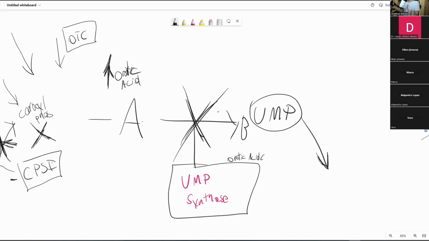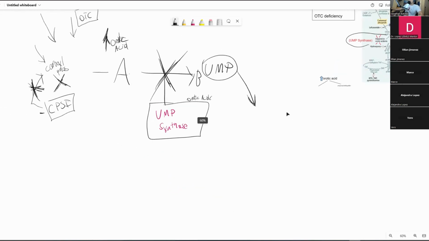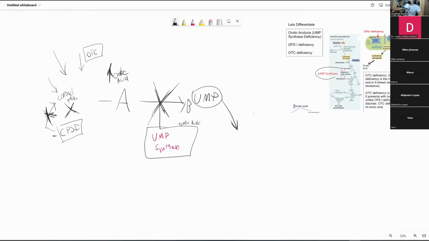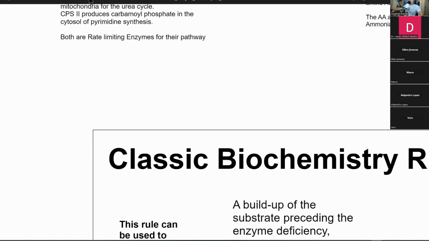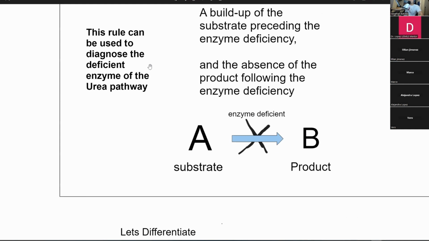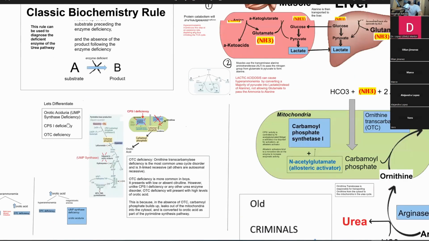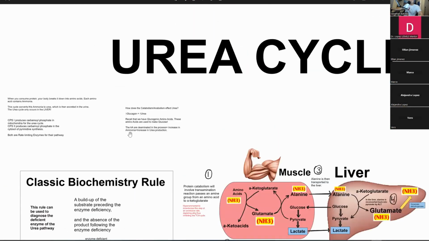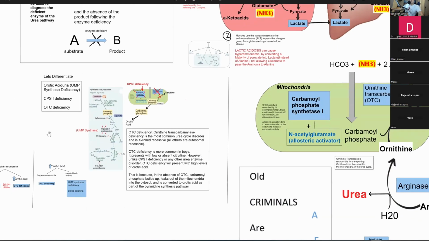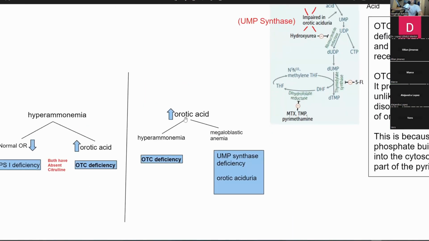With OTC, there you go, orotic acid increases. It has an O. So just look at the algorithm. The algorithm won't fail you. I'll send you guys this file. Definitely. I will put it up and you guys can just download it. And just follow this algorithm right here to see if it's increased orotic acid.